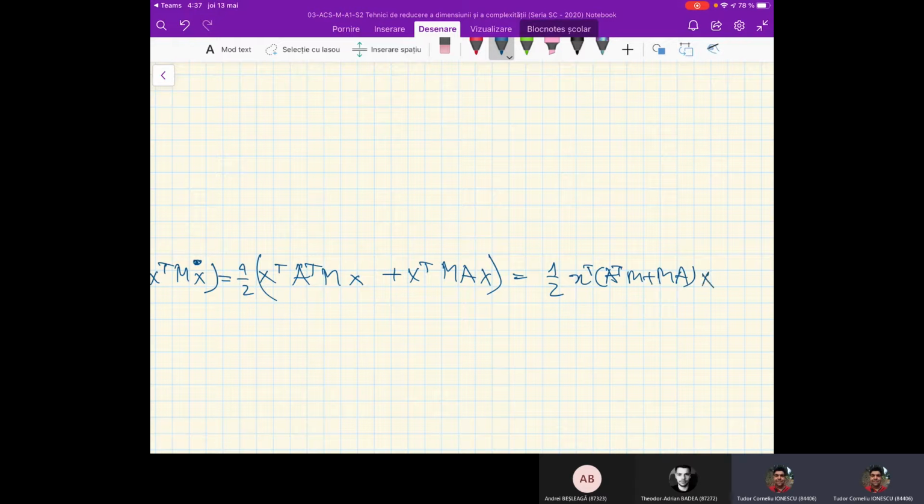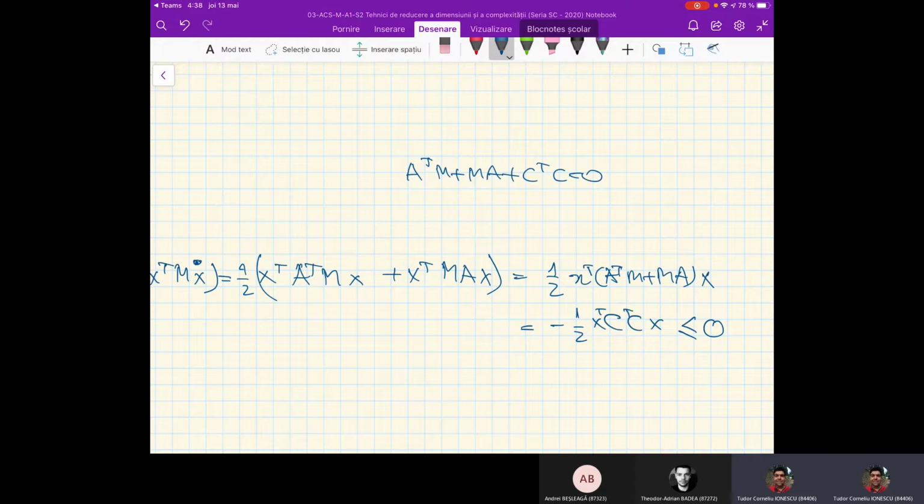But we already know M is the observability Gramian, so A transpose M plus MA plus C transpose C equals 0. So this is minus half x transposed C transpose C x. This is like this.